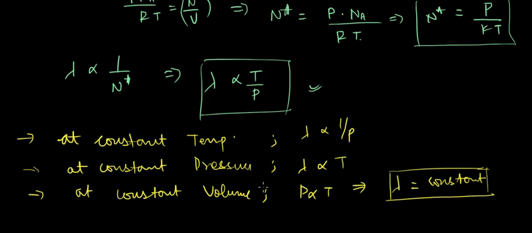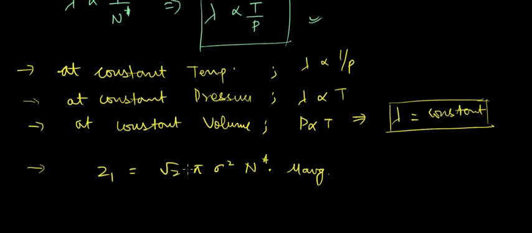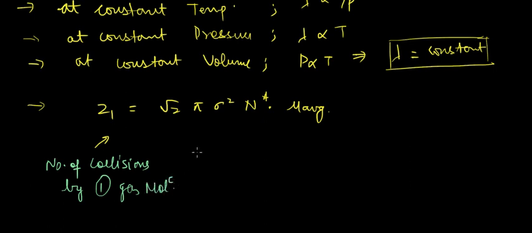From the same we can write that Z1 is equal to root 2 pi sigma square n star into U average, which is the number of collisions by one gas molecule. In abstracted terms we can write Z1 is proportional to U average times n star.